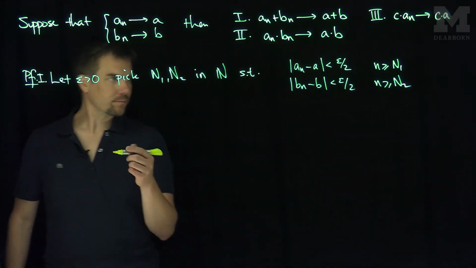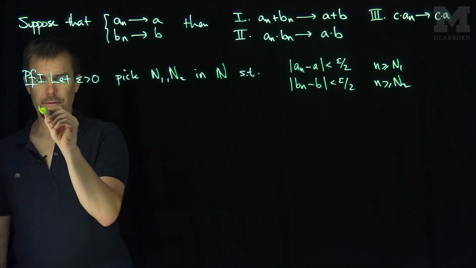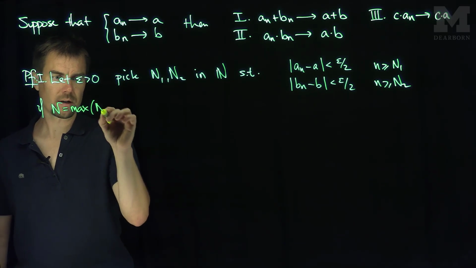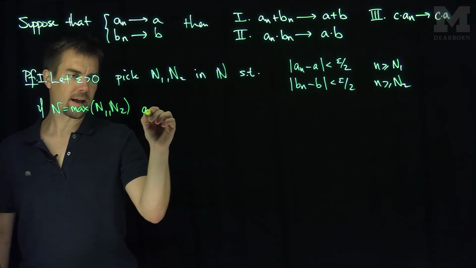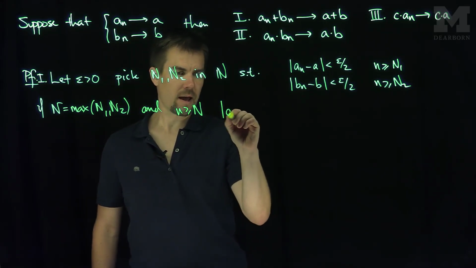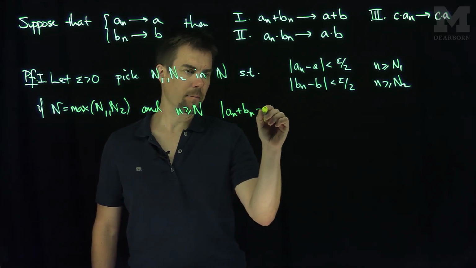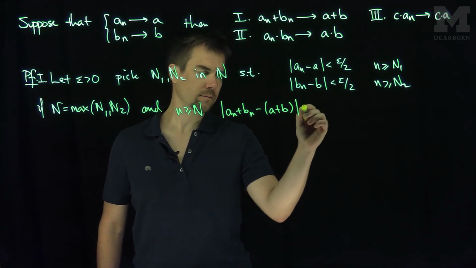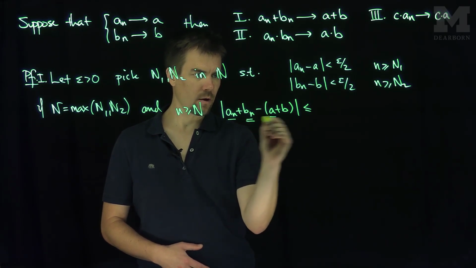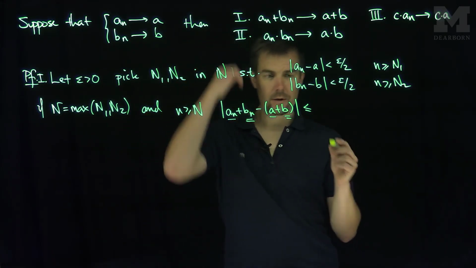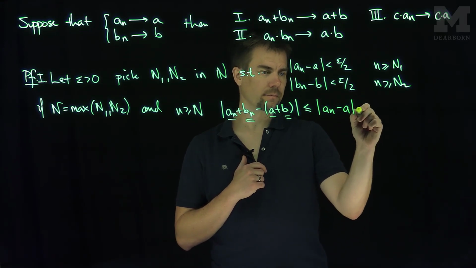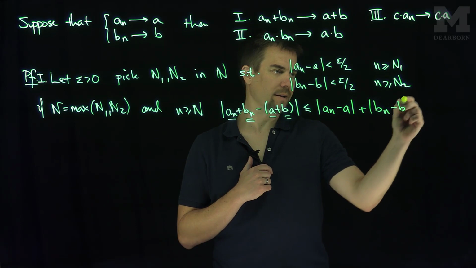All right, good. So now, if capital N is equal to the max, our common trick, of N1 and N2, and n is bigger than or equal to capital N, then |a_n plus b_n minus (A plus B)| is less than or equal to, grouping the A with the a_n and the B with the b_n, and using the triangle inequality, |a_n minus A| plus |b_n minus B|.